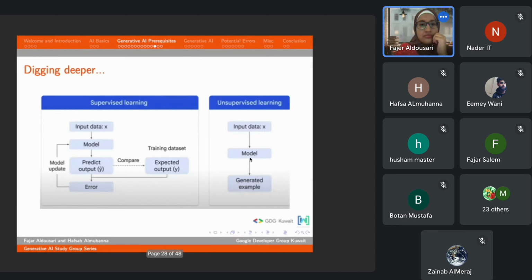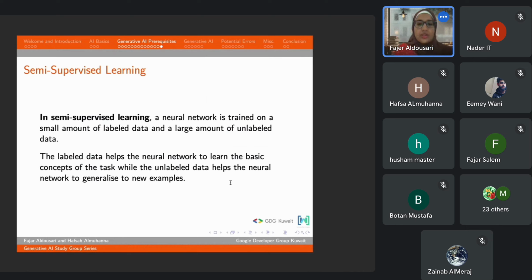Okay. So in semi-supervised learning, a neural network is trained on a small amount of labeled data and a large amount of unlabeled data. The labeled data basically helps.